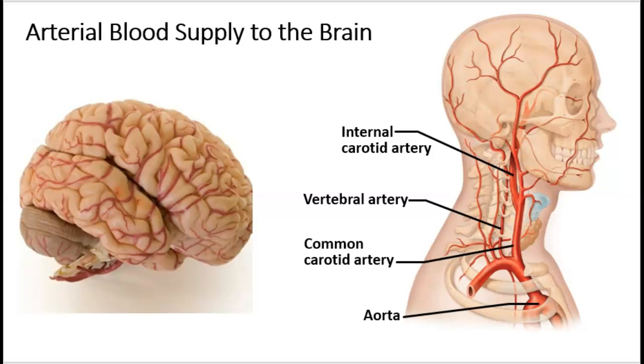The internal carotid artery branches from the common carotid, and as we'll see, at the base of the brain, it splits into several smaller arteries. The vertebral artery travels from the subclavian artery, which isn't labeled, up to the base of the brain.